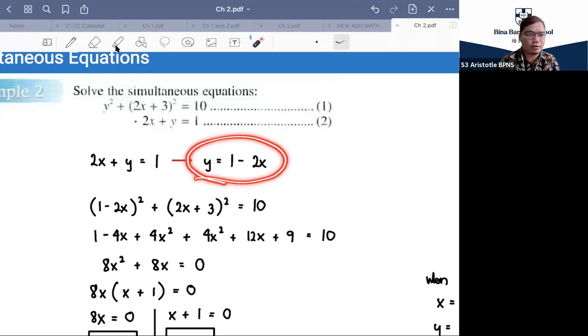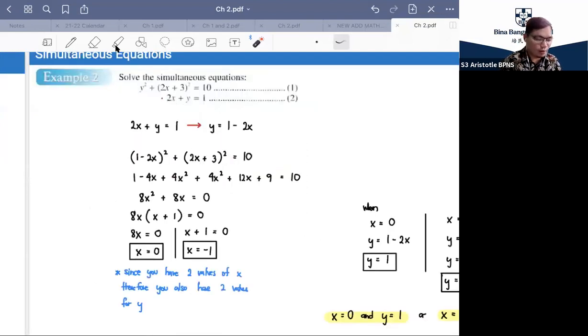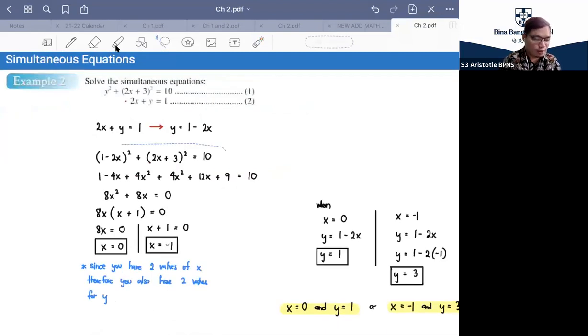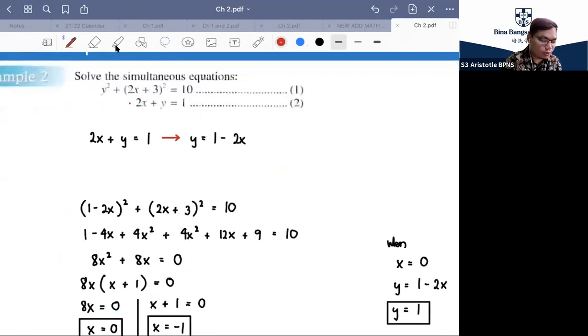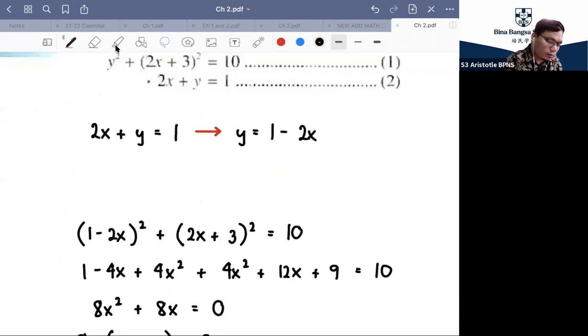Now, the next thing you need to do is to substitute this in place of y. I think I didn't write the equation right, so let me write it again. The first equation is y squared plus (2x plus 3) squared equals 10.